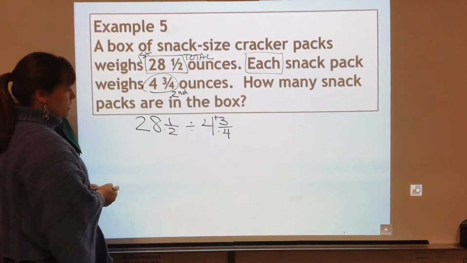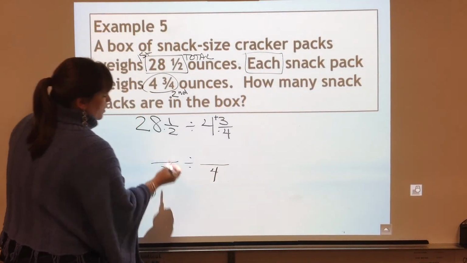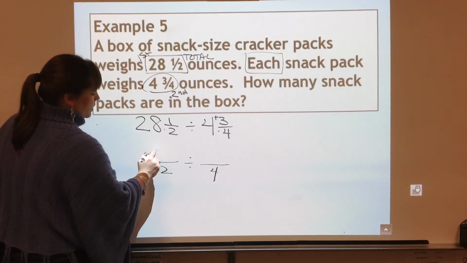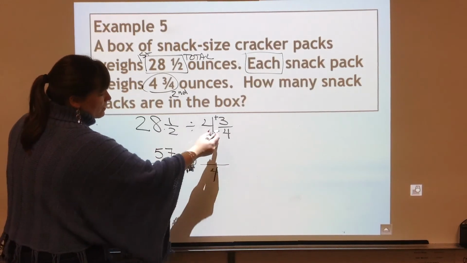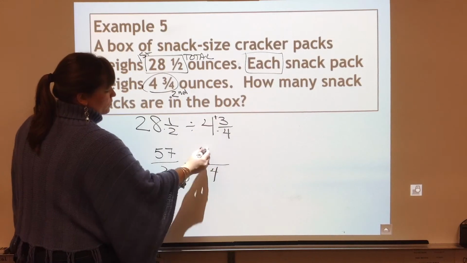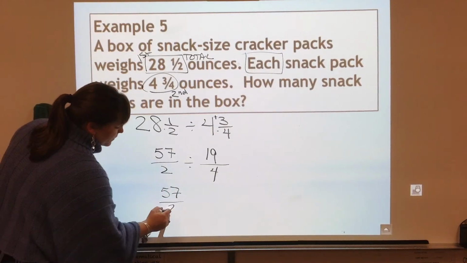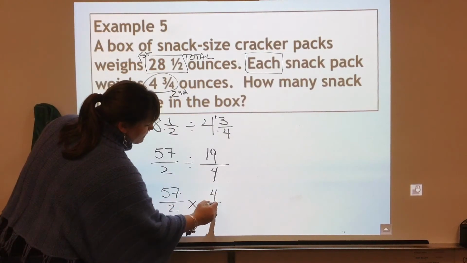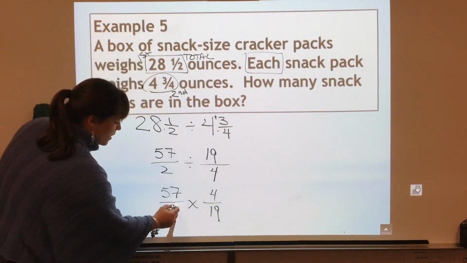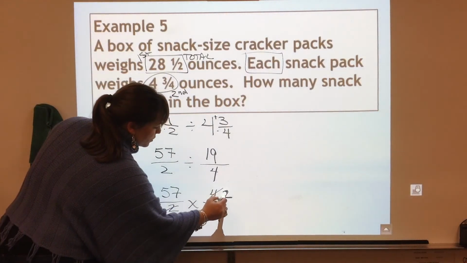So I'm going to change these guys to improper fractions first. So we have 28 times 2, which is 56, plus 1 is 57. Then I have 4 times 4 plus 3, which is 19. Now I can keep change flip, multiplied by 4/19. And now let's see if I can do any simplify first. I know 4 and 2 works well with each other, so that's going to change to a 2.